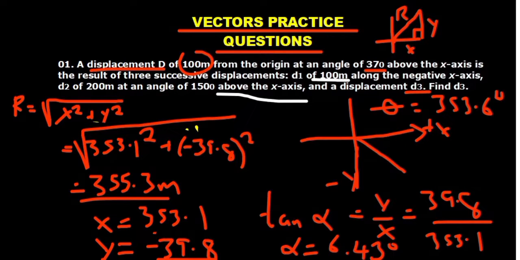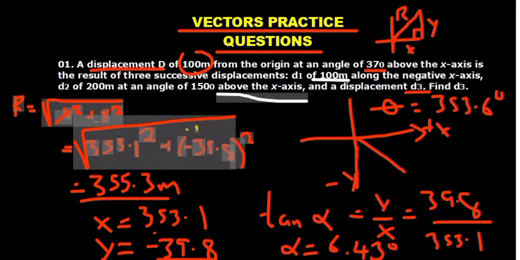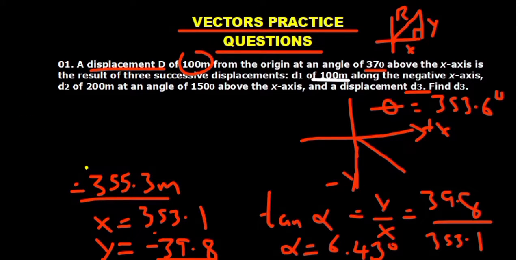So how do you present your solution to the question? You understand that this is your displacement, 355.3 meters, comma, 353.6 degrees. That's the way you should answer a vector question every time. Write the displacement, then show the angle as well.